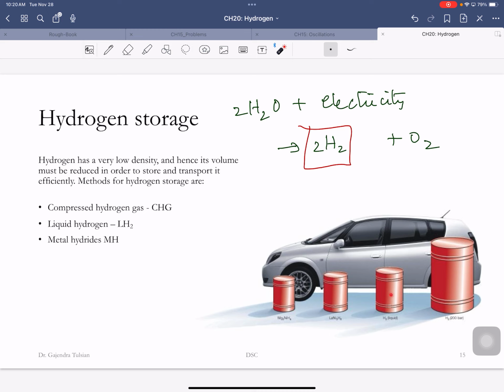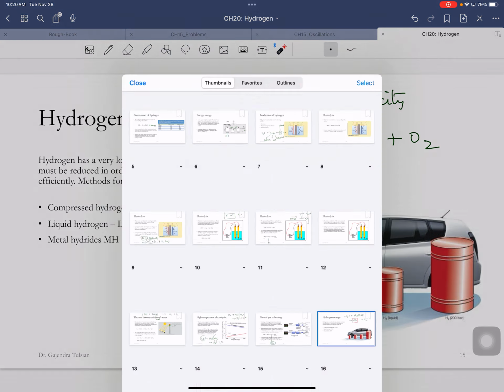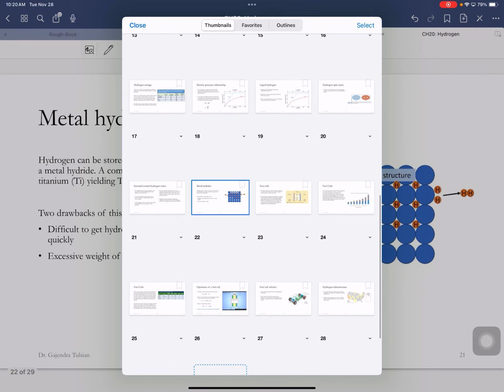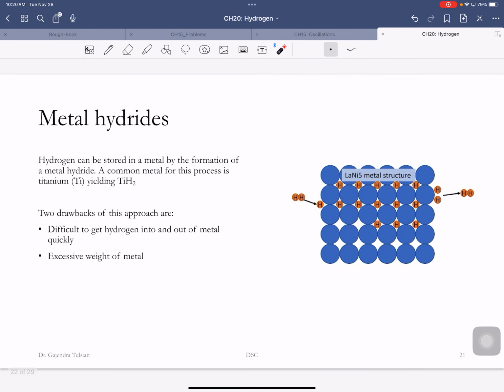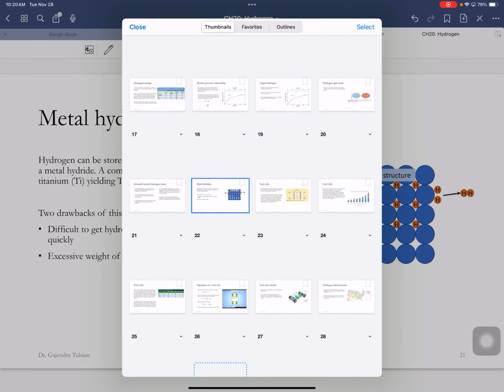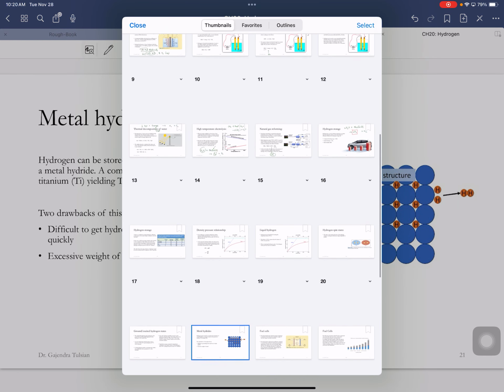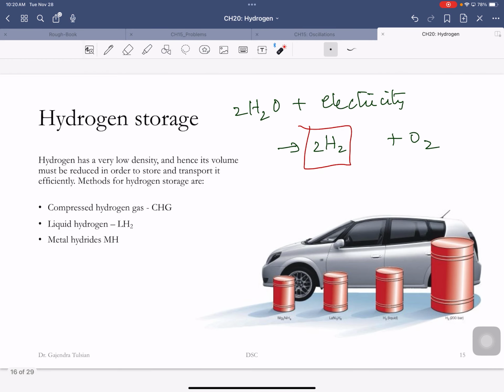This is if you had it in liquid form, and this is if you had it in metal hydride form. Metal hydride being hydrogen stored in between metal like that. So that gives you a sense for the magnitude of the problem.